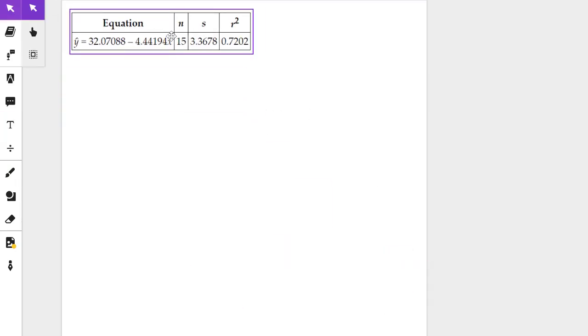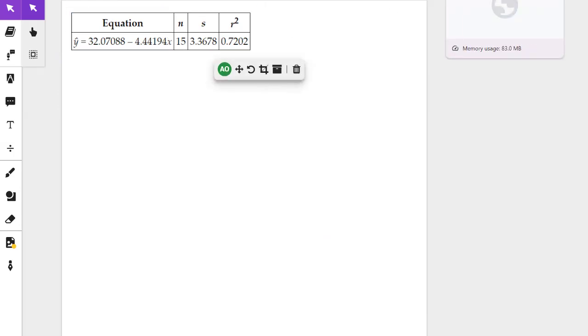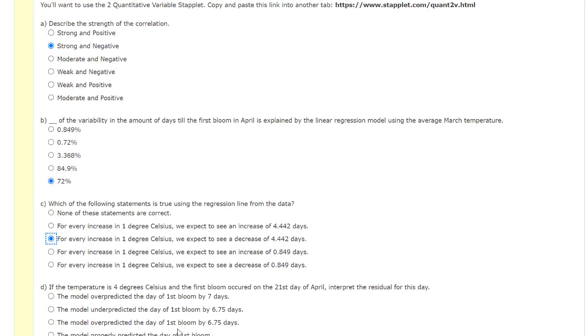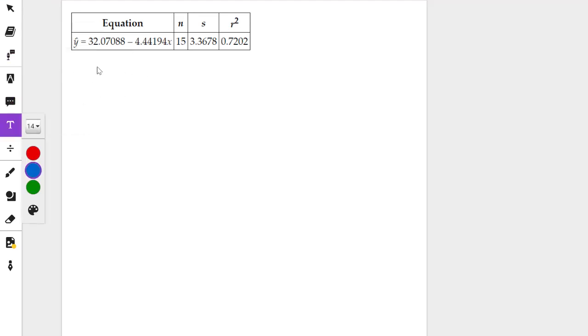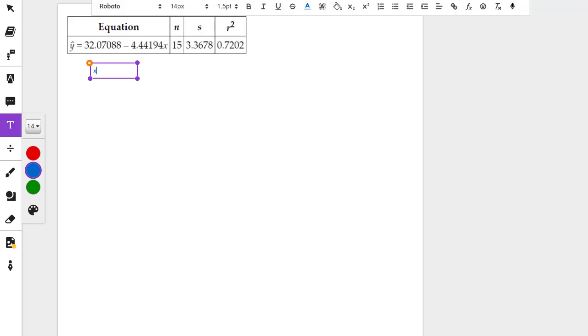And they said, what's the question saying? When the temperature is 4 and the actual first bloom occurred on the 21st. So what that's telling us is that X is 4 and Y is 21, not Y hat. So the question is, what would Y hat be?